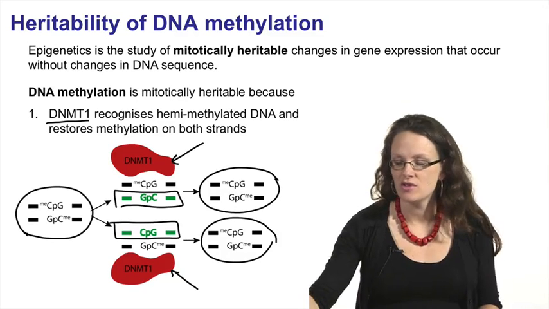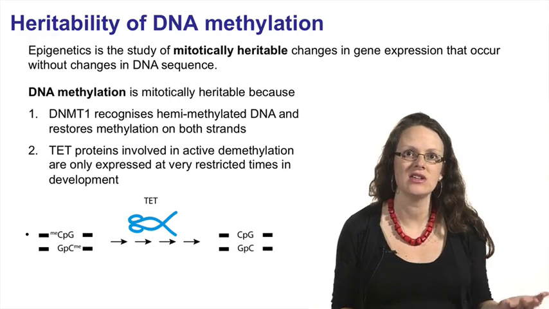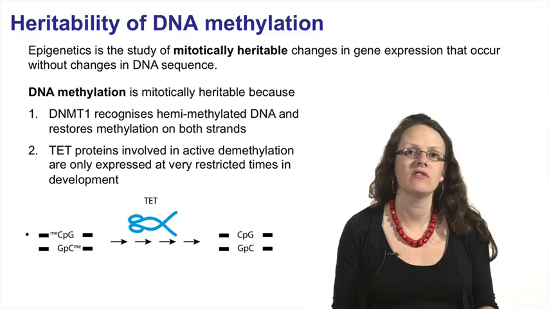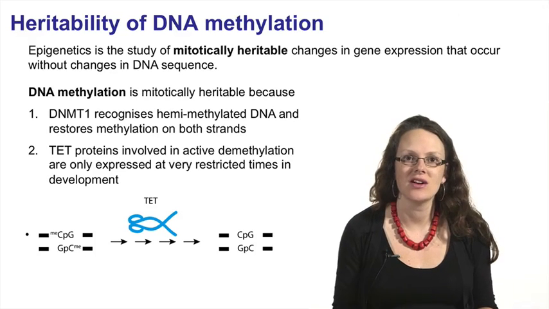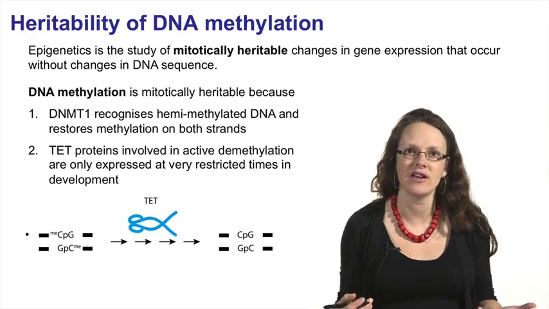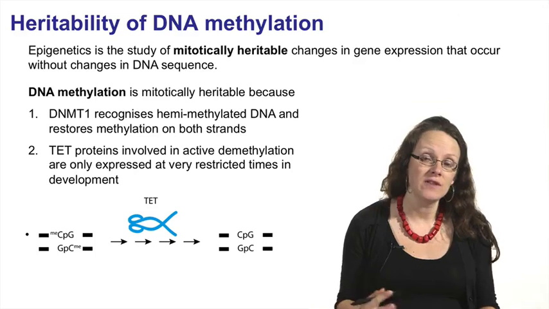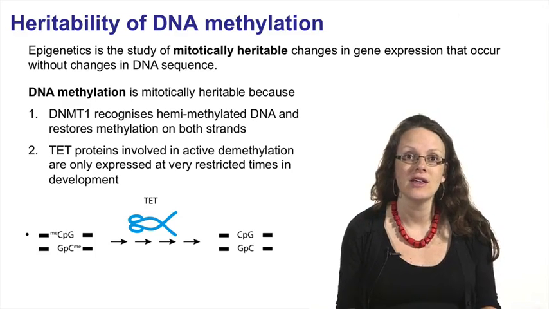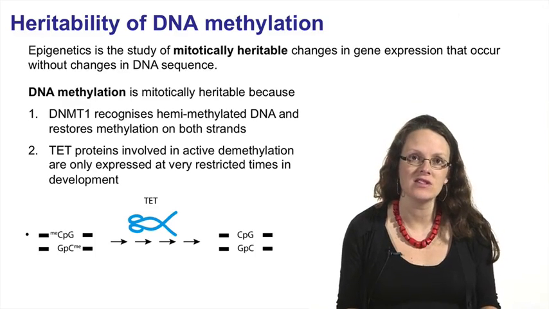But what I also just told you is that in addition to DNMT1, we have TET proteins. And these TET proteins are actually active demethylases, so they remove the methyl groups. So how then can you have mitotic heritability of DNA methylation if the TET proteins are around cutting off these methyl groups through a multi-step process?